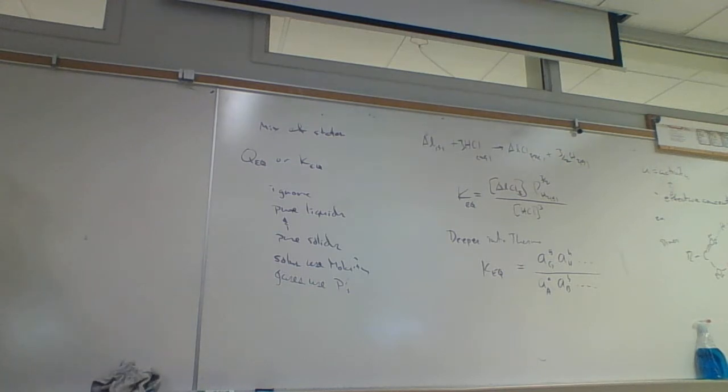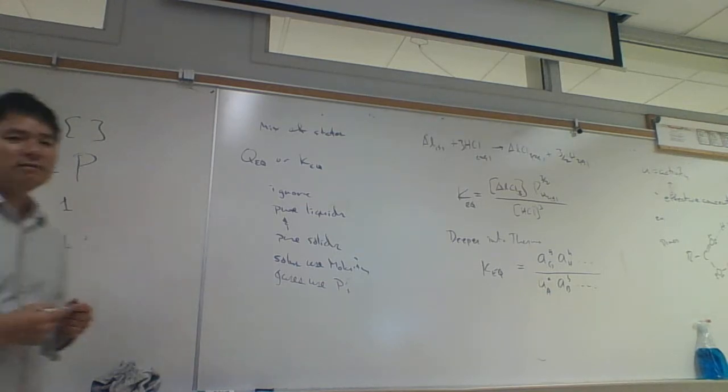So we're going to say that the activity of a solution is close to its concentration, the activity of a gas is close to its pressure, the activity of a solid doesn't change, so it's got unit activity, and the activity of a pure liquid doesn't change either.